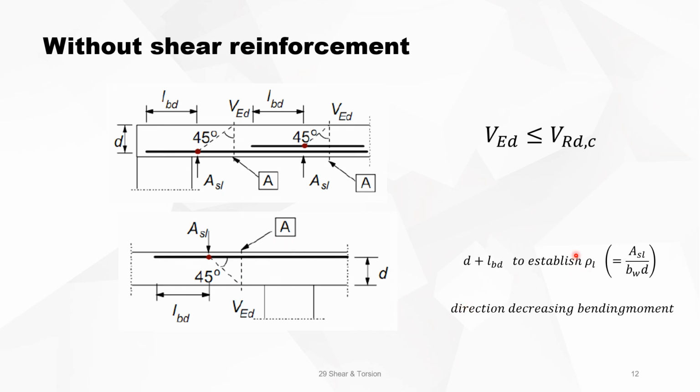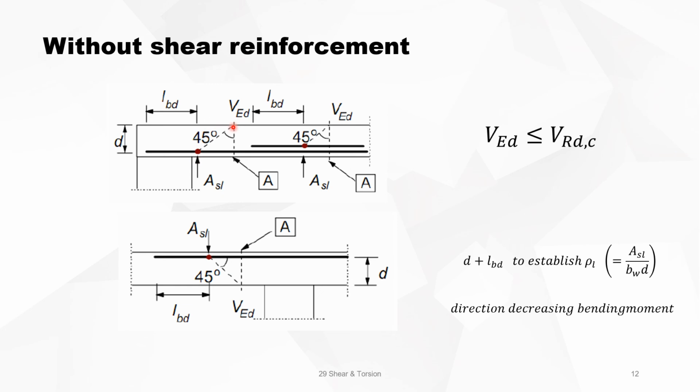Now we have seen that rho L is the density of the reinforcement, defined as the cross section of reinforcement divided by BWD. This density of reinforcement is defined at the section where VED is taken, which is here, the dotted line at A, and rho L is calculated at this point.